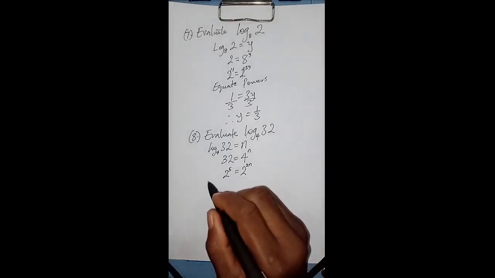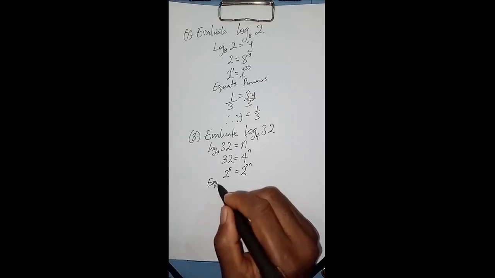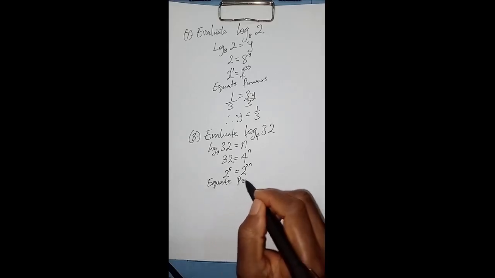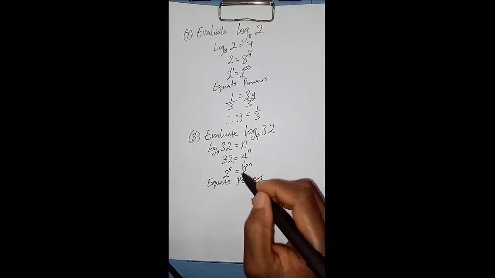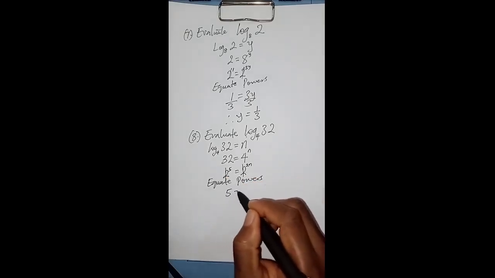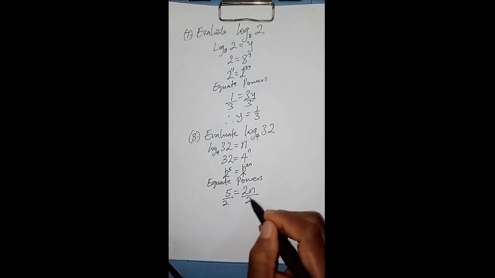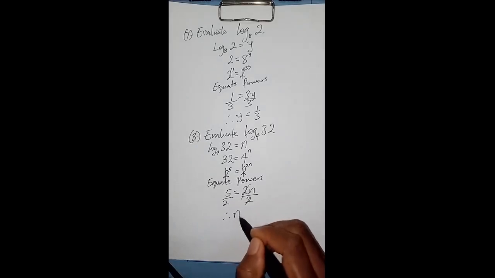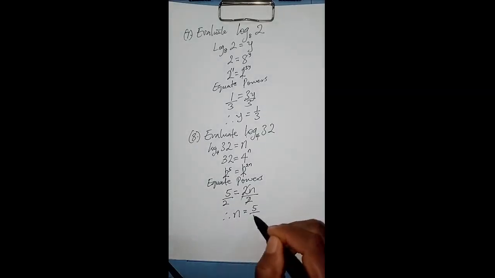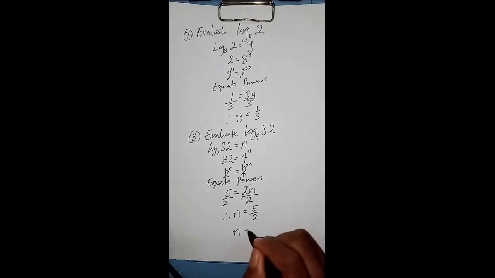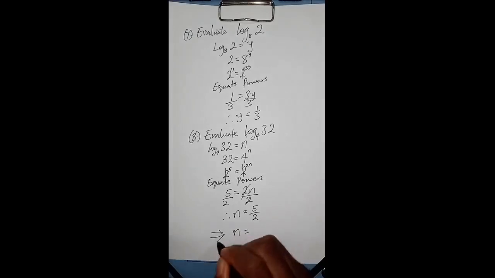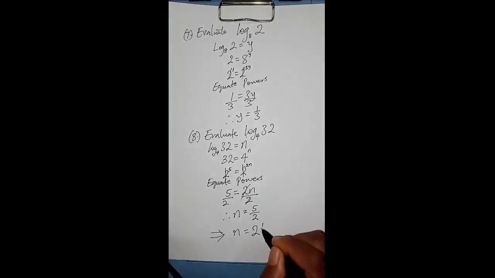That way you have the same base and then you can equate powers. If you equate powers, the base will go away. It becomes 5 equals 2n. Divide both sides by 2, and therefore n is equal to 5 over 2. And then you can decide to leave your answer as 2 and 1 over 2, a mixed fraction.